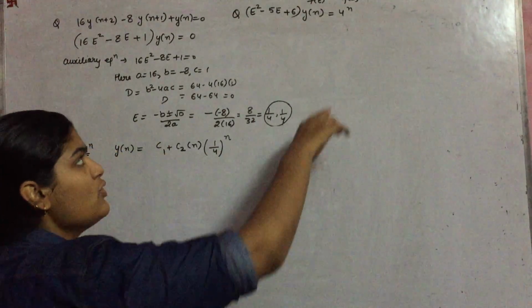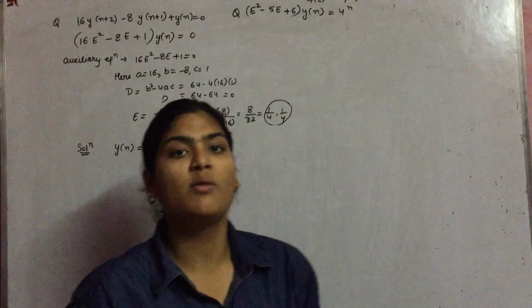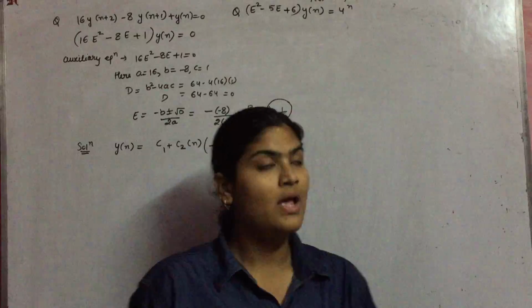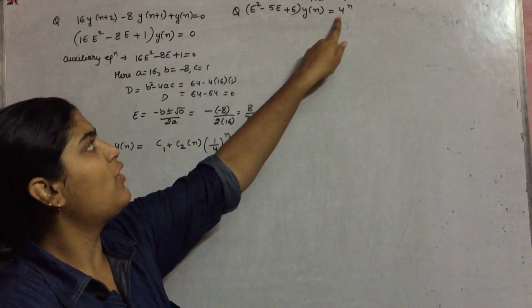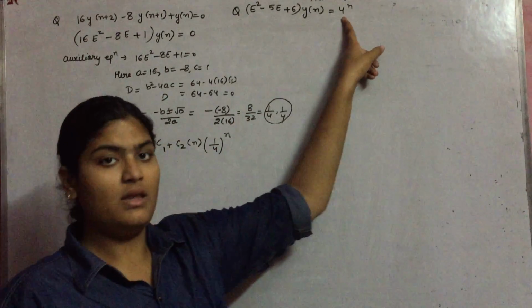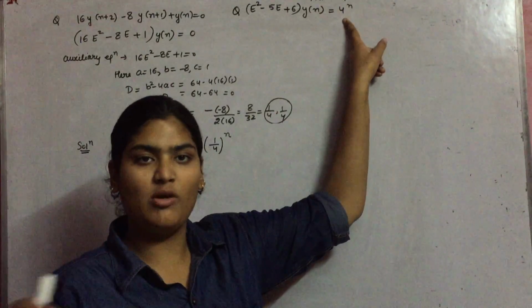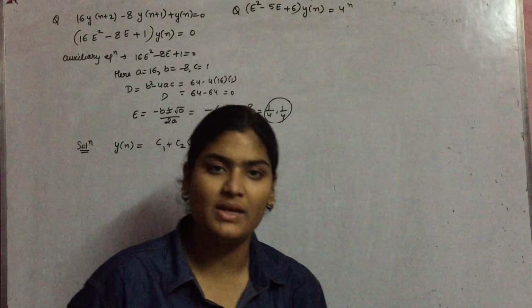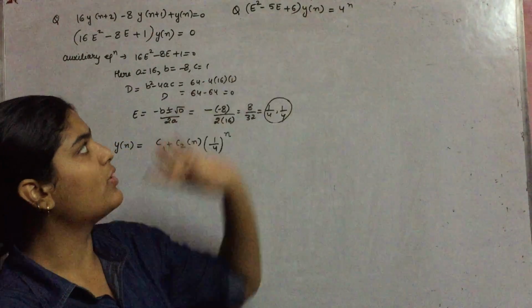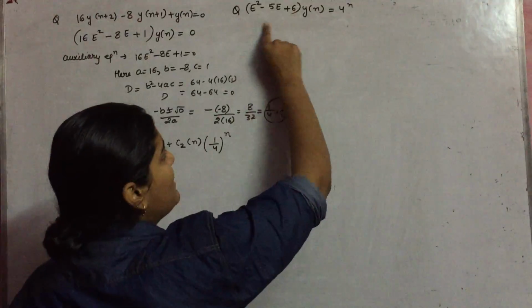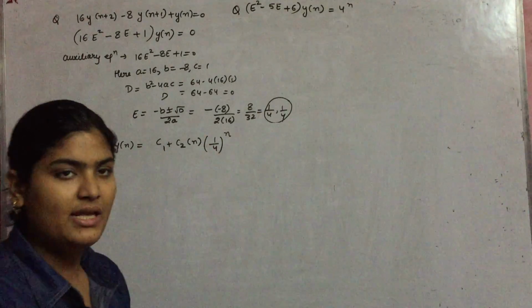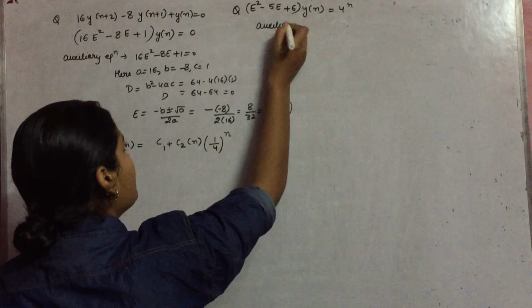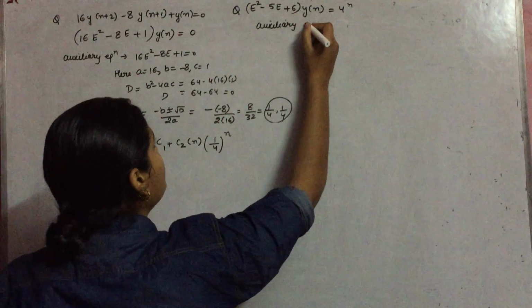In case number 1, obviously, if we are talking about a non-homogeneous equation, then it will not be equal to 0. So it may be of the form a raised to power n, where a may be an algebraic number, like here a is 4. So firstly, this is already in the form of an auxiliary equation, so you have to start the same way as we did here.